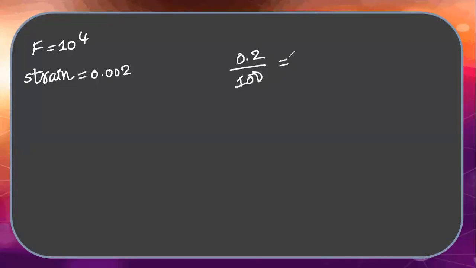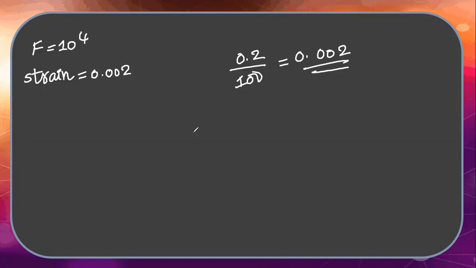For us, what is the given data? F is given as 10 power 4. Strain is given as 0.2%. 0.2% means what? 0.2 divided by 100, that is equal to 0.002.